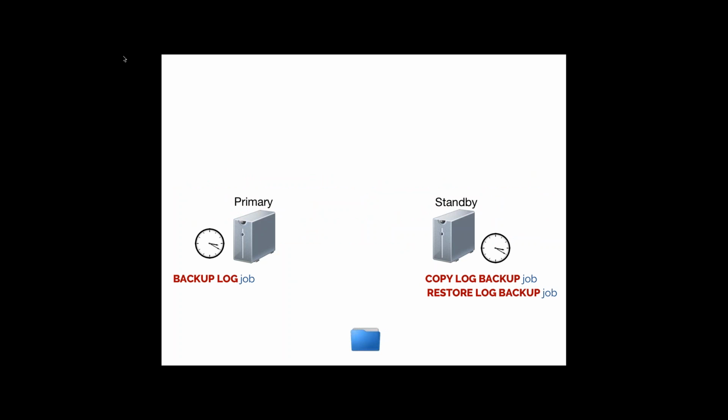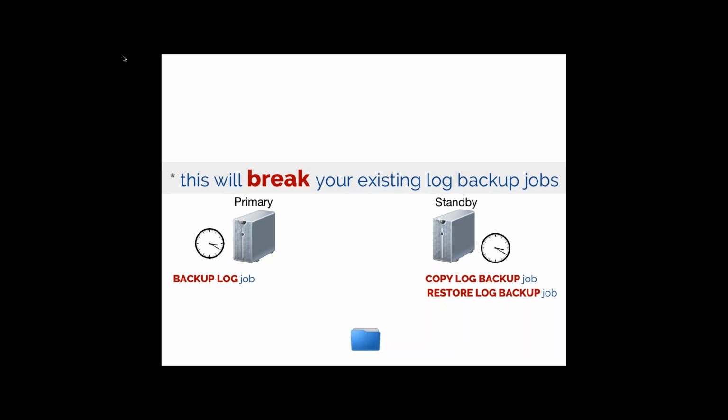Unlike database mirroring, where only the undo phase runs when you fail over, in this case you are running the data copy phase, the redo and the undo phase, because you're completely restoring from backup. So whatever is in the log backup gets restored in the standby database. Of course, keep in mind that when you implement log shipping, it will break your existing log backup jobs.